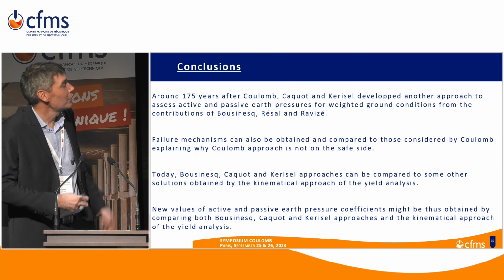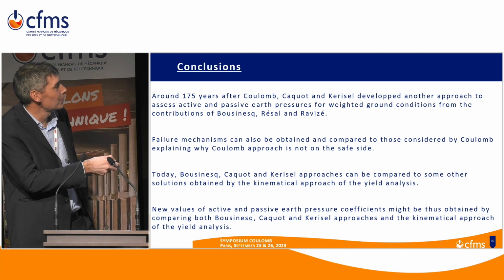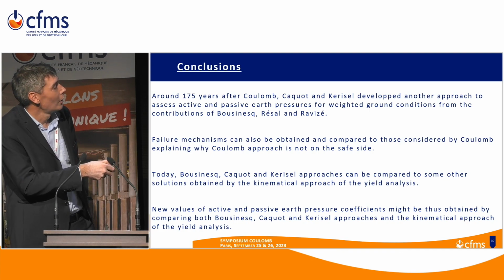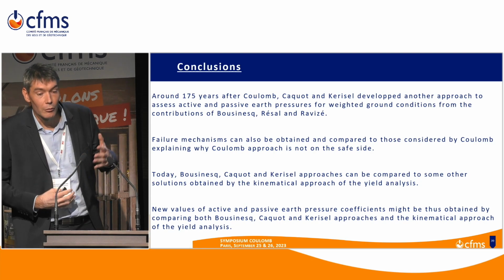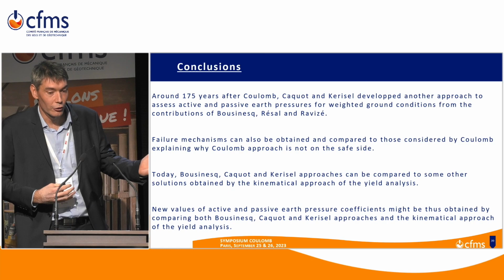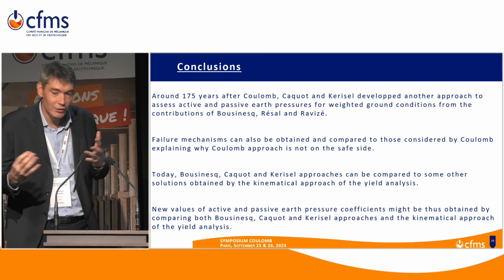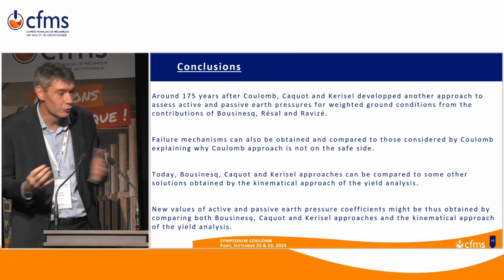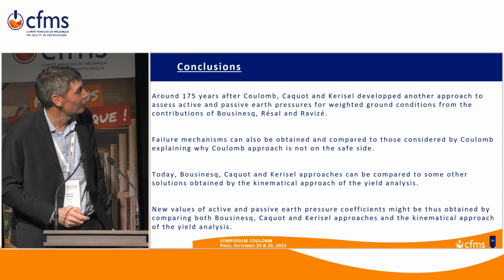And maybe it would be a good idea to use these two approaches, both the kinematical approach and the approach provided by Boussinesq, Caquot, and Kerisel, to provide lower bound values and upper bound values of the passive earth pressure, and let the designer decide, according to the project he has to analyze, what is the best value.